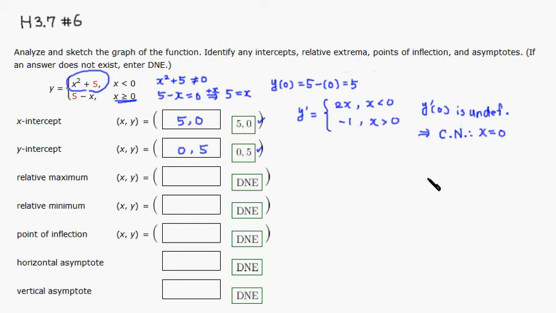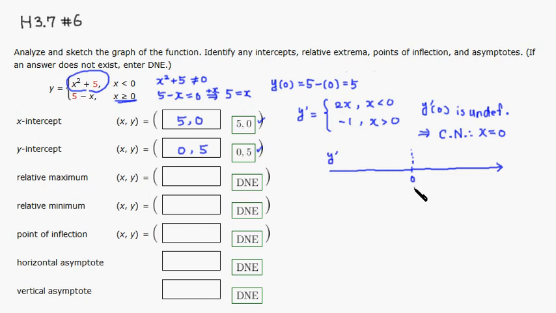All right, so let's observe the signs of the first derivative, y prime. The critical number is 0, so I'll mark that and separate it using a dotted line.